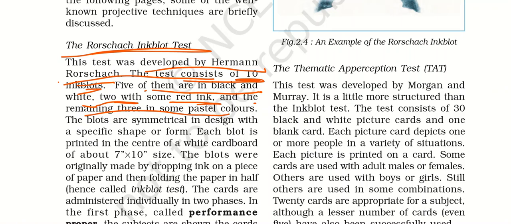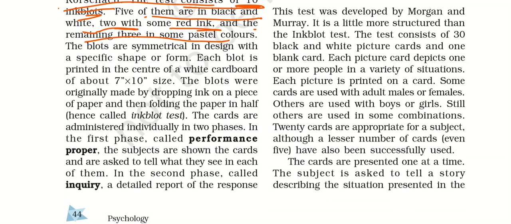Each blot is printed in the center of a white cardboard. You can see it in this particular picture. The blots are originally made by dropping ink and then folding the paper, and whatever image comes out is your ink blot. The cards are administered individually in two phases. The first phase is performance proper.